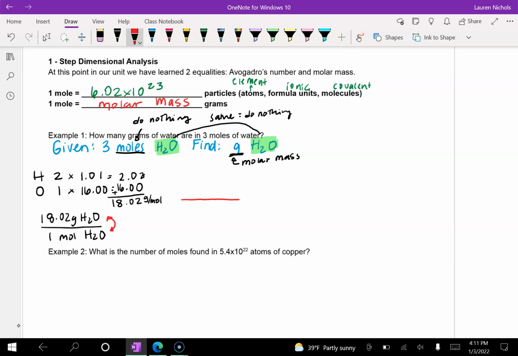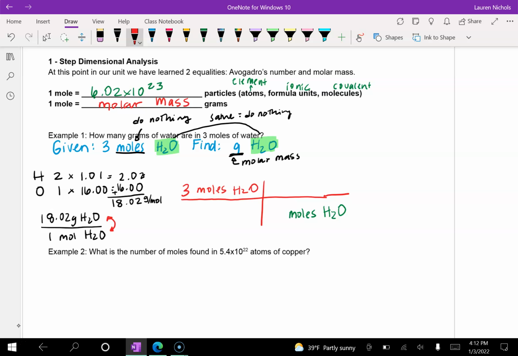We'll just set up our t-chart. So we put our given in our t-chart first. So we have 3 moles of H2O. And because we have moles of H2O in our numerator, that means moles of H2O will also have to be in the denominator of whichever conversion factor I use next.